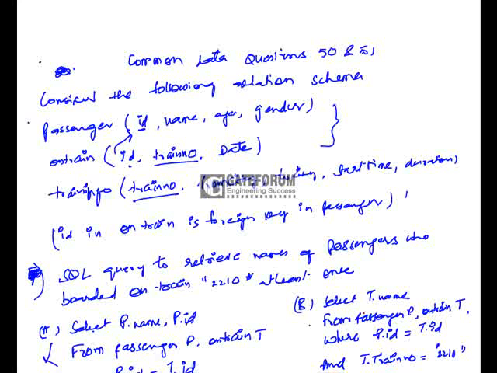Here we are selecting T.name, where on train is the table renamed as T. If you see the on train table, there is no attribute name in this table, so we can eliminate option B.